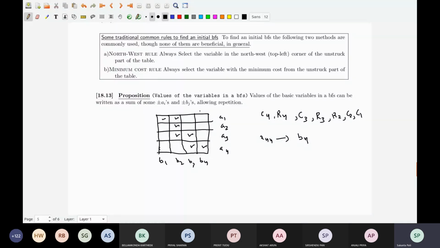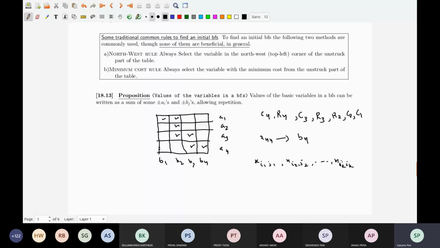Assume that you have started with x_i1j1, that is the first one you struck off. Next is x_i2j2, that you determined by striking off some line, and you have gone up to x_ikjk. For that also you have struck off something.